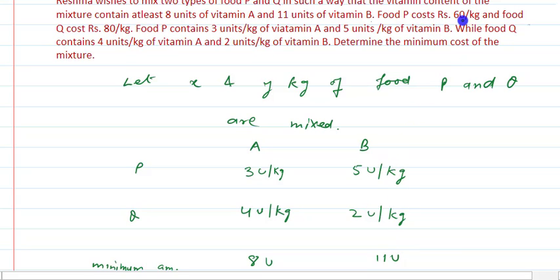Now next we can write cost. So food P costs ₹60 per kg, so we can write here as cost, 60 per kg is the cost of food P, and 80 per kg is the cost of food Q.